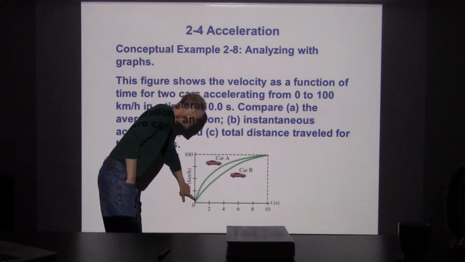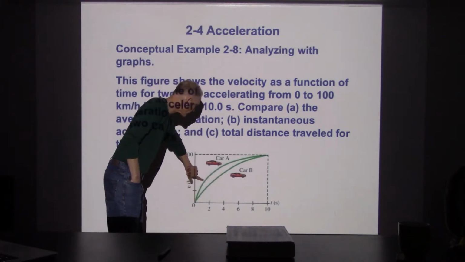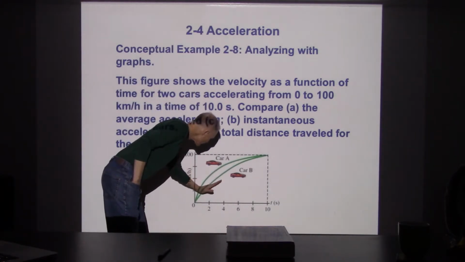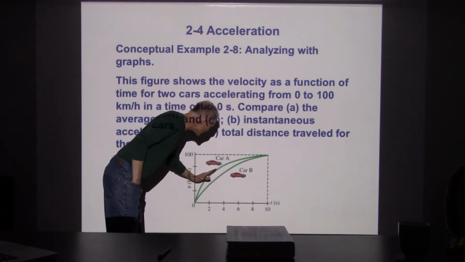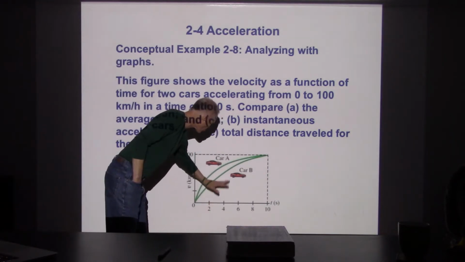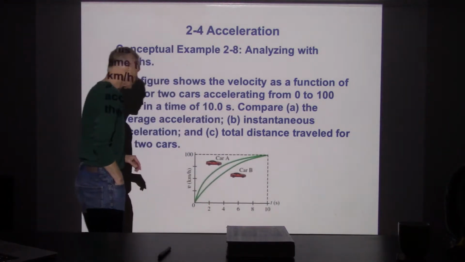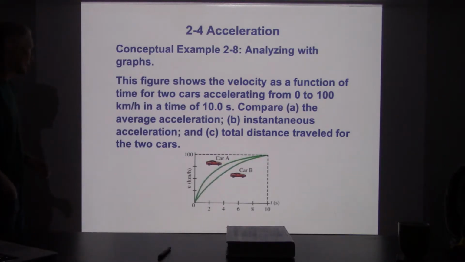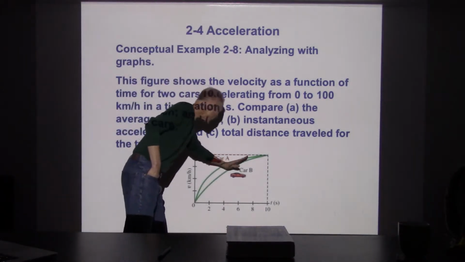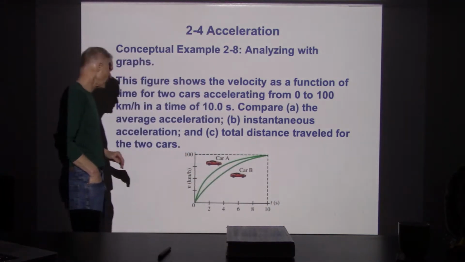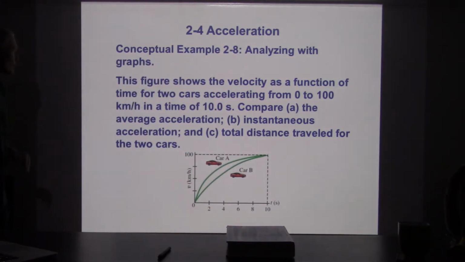So initially the acceleration of car A was higher, but even by the time we hit 2 seconds, see how the slopes there are becoming much more similar. I would say by 4 seconds the acceleration of car B is matching or maybe even a little higher. Probably similar. By the time we hit 6 seconds, certainly car B's acceleration is higher. The slope is steeper than the slope on car A's path.